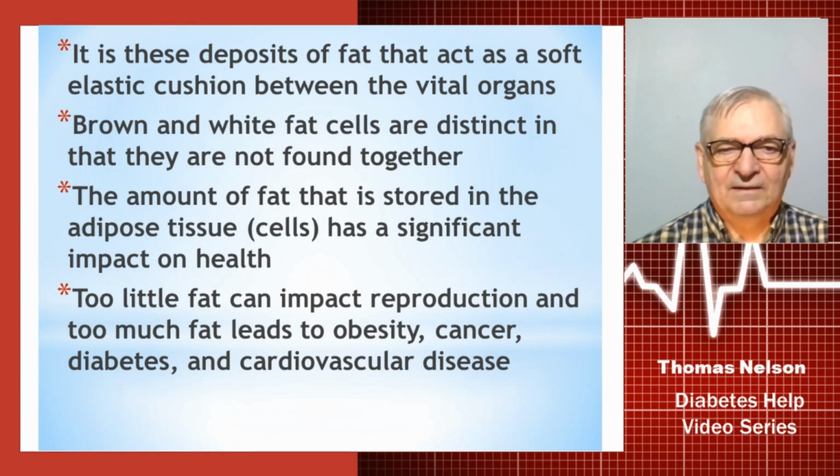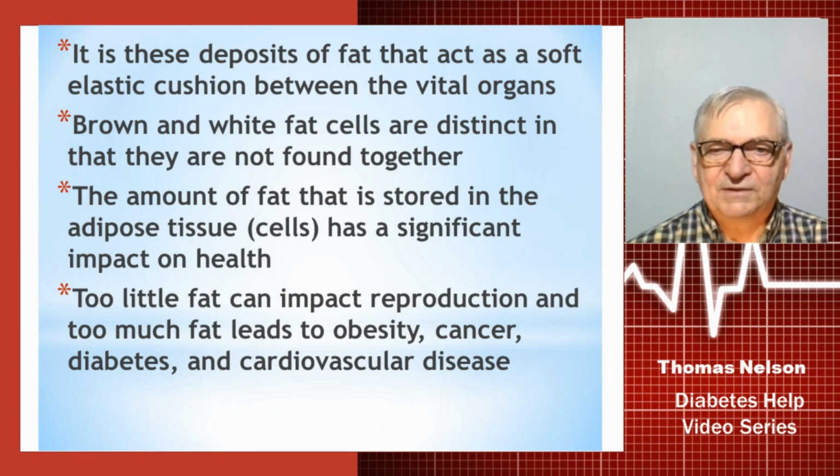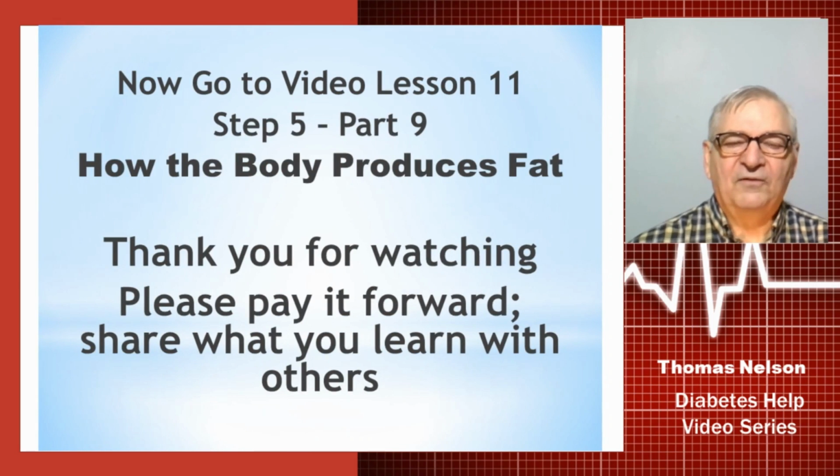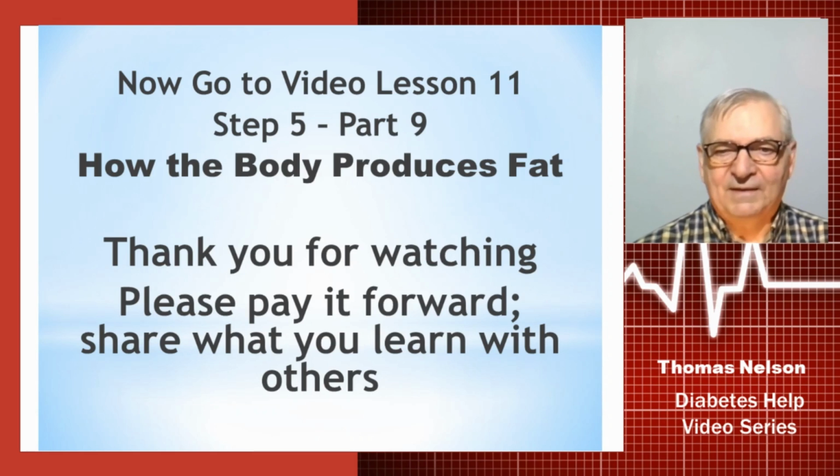The amount of fat that is stored in the adipose cells, the tissue, has a significant impact on your health. So too little fat can impact reproduction, and too much fat can lead to obesity, the formation of cancers, diabetes, and cardiovascular diseases.